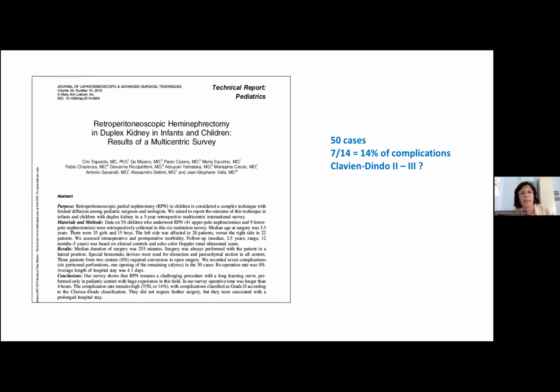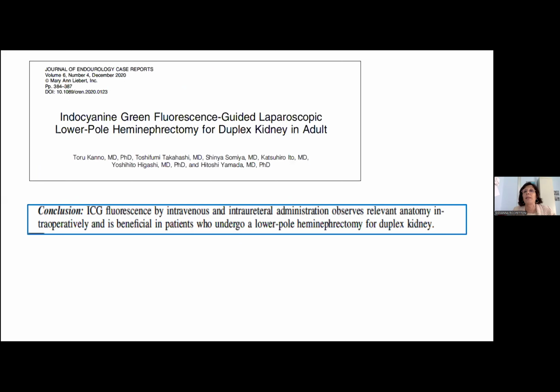So not only Clavien 2, but also Clavien 3 complications. I have to say that I have not made any more retroperitoneal heminephrectomy, but I think that the right way to do a heminephrectomy is laparoscopic or robotic heminephrectomy. That means through the abdomen and not through the retroperitoneum.